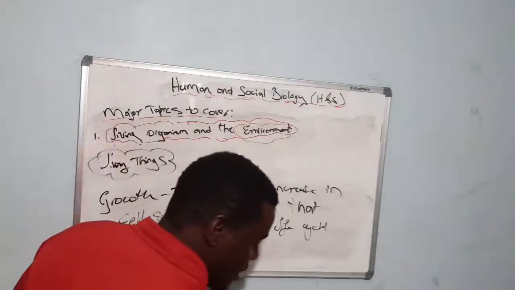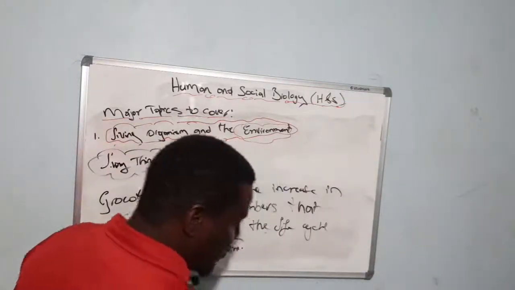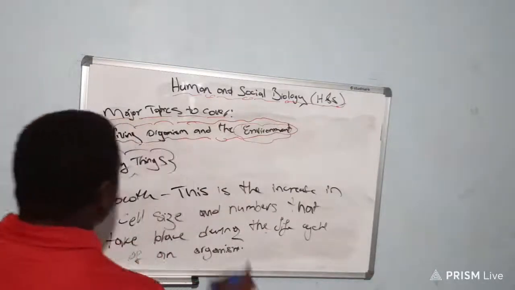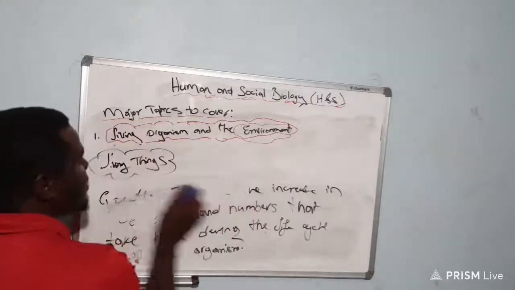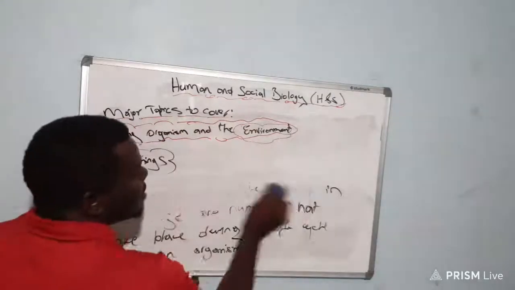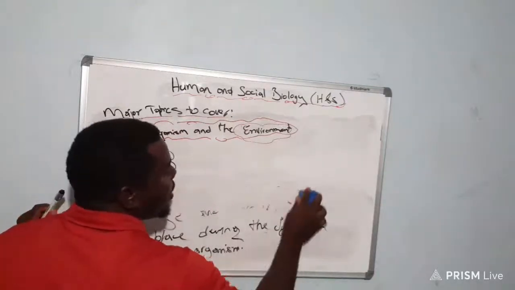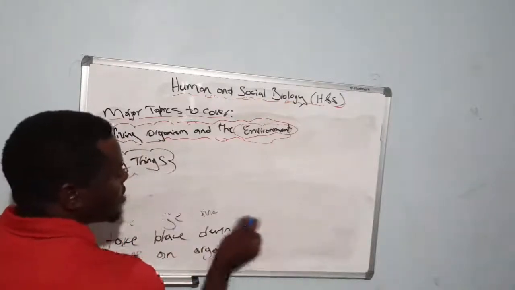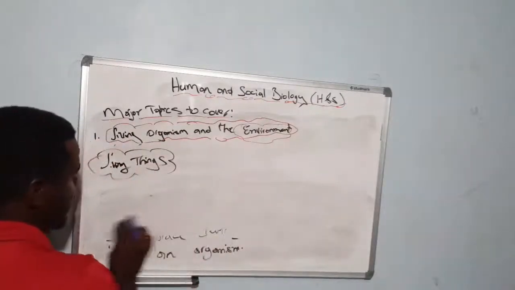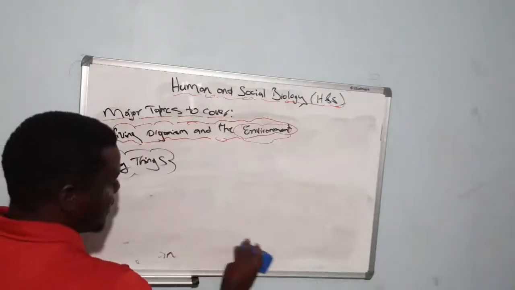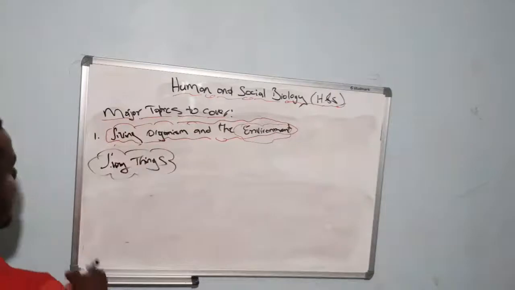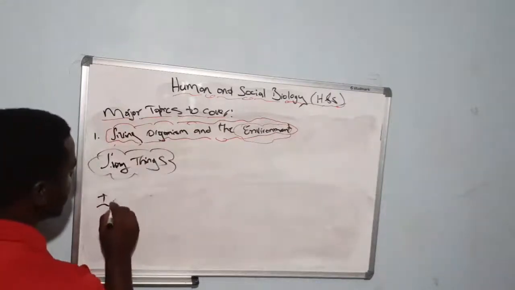And up next, we have irritability. And irritability is the ability of an individual or an organism to respond to stimulus.